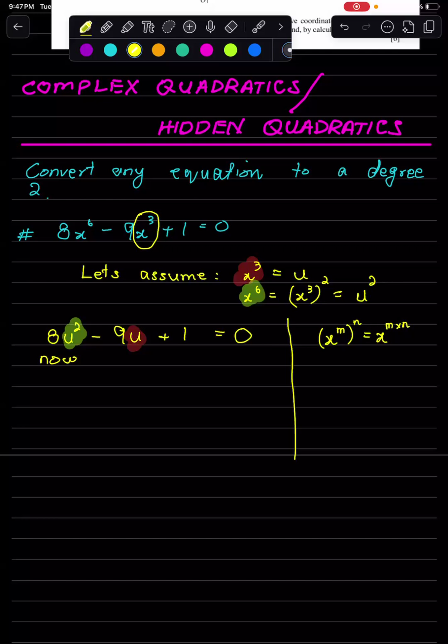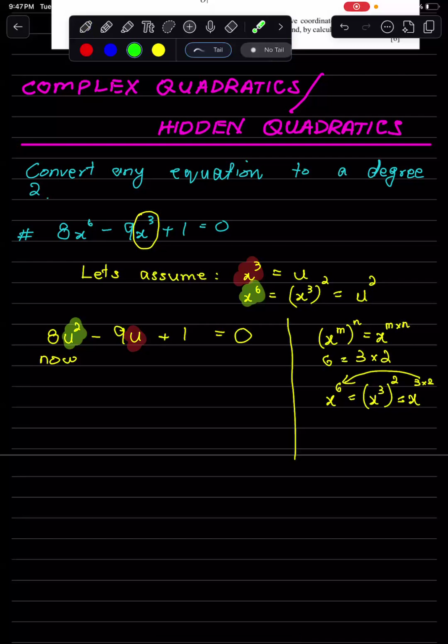Remember, 6 can be split up into 3 into 2, right? So that's why I can write x to the power 6 as x to the power of 3 whole to the power of 2. That is equal to x to the power of 3 into 2, and that is 6 again, right?